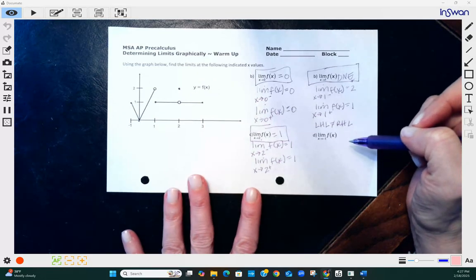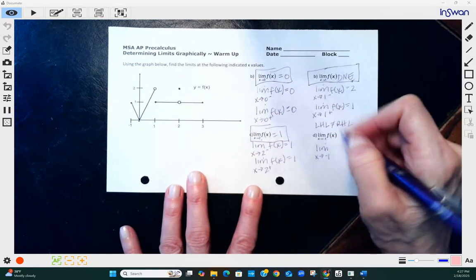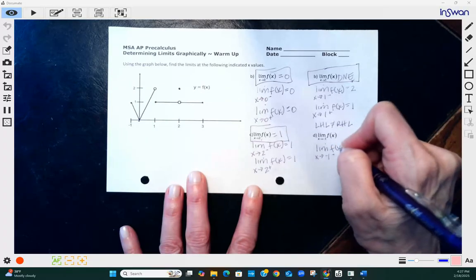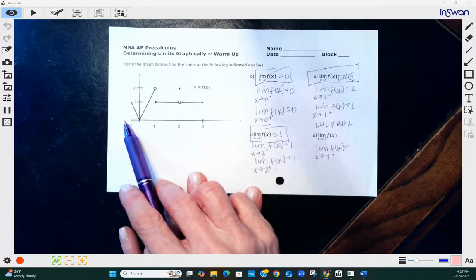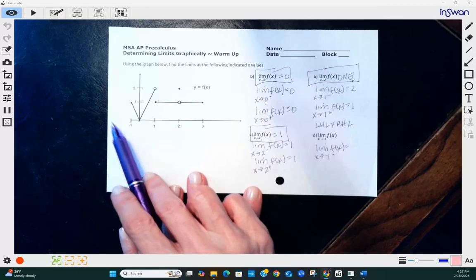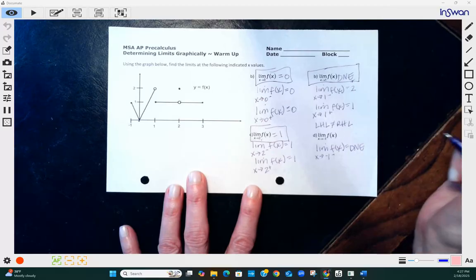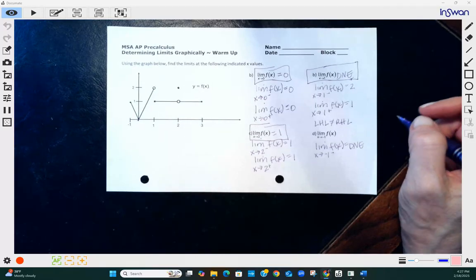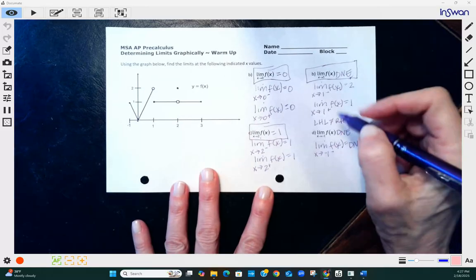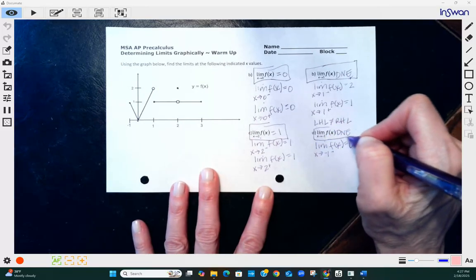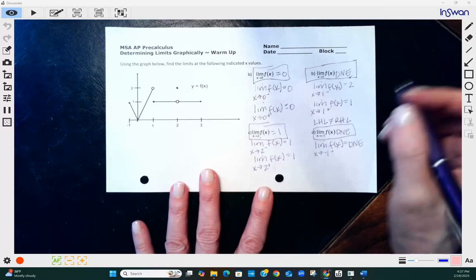x approaches negative 1. If we start with the left-hand limit as x approaches negative 1, you can see there's no path that we can see to get to x equals negative 1 from the left. So the left-hand limit does not exist here. That automatically is going to mean that the limit does not exist, because in order for a limit to exist, you have to have a left-hand limit and a right-hand limit that agree.